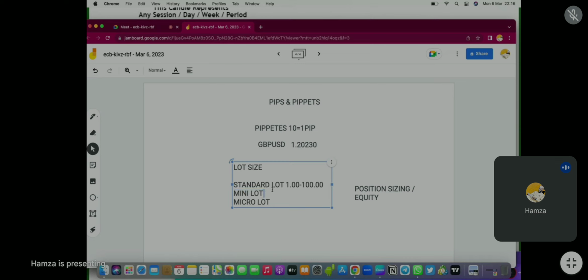Mini lots. A mini lot starts from 0.10 to 0.90. Trust me, guys, it's very simple. Please, if you are already panicking, just calm down.